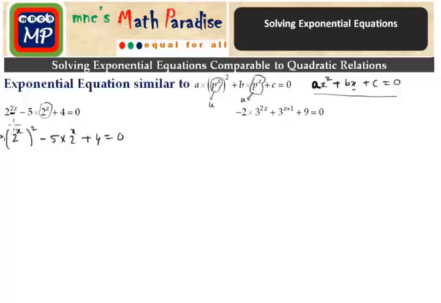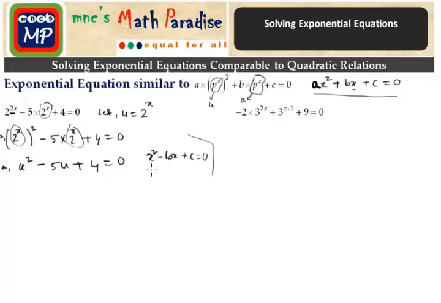Now if we assume this 2 to the power x is a new variable, let u equals 2 to the power x, then we will get u square minus 5 times u plus 4 equals 0. So this is a quadratic trinomial in terms of the variable u, and this one is similar to x square minus bx plus c equals 0.